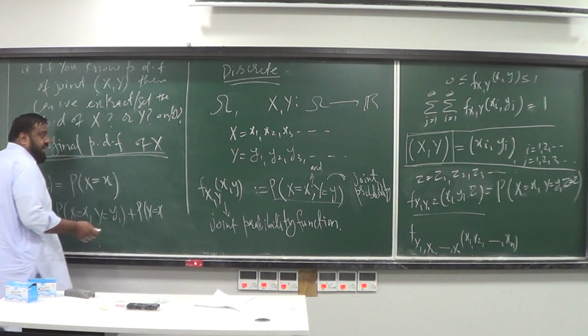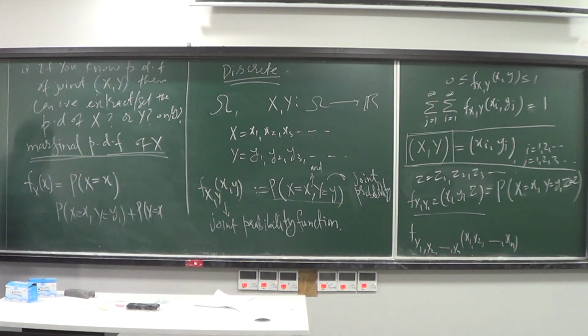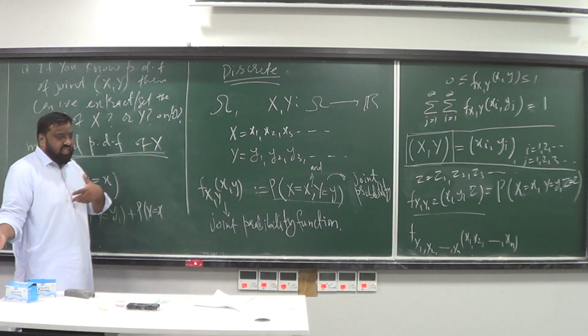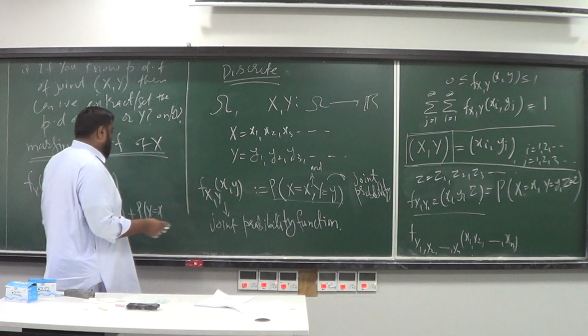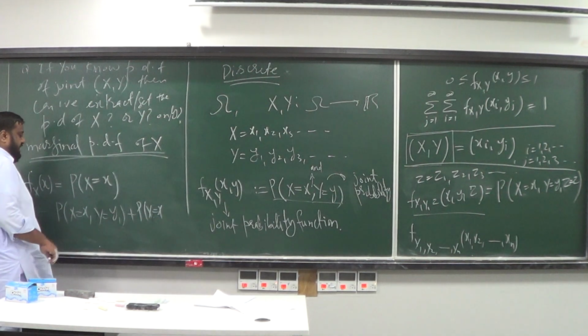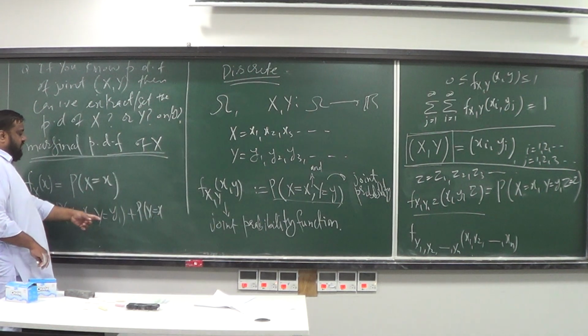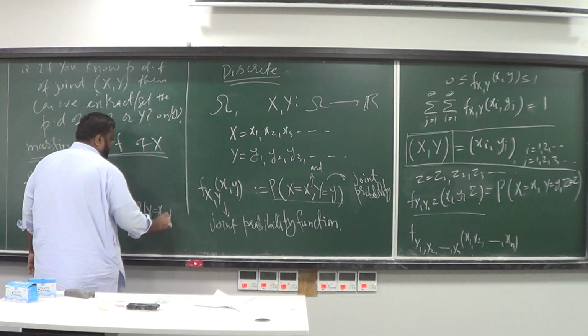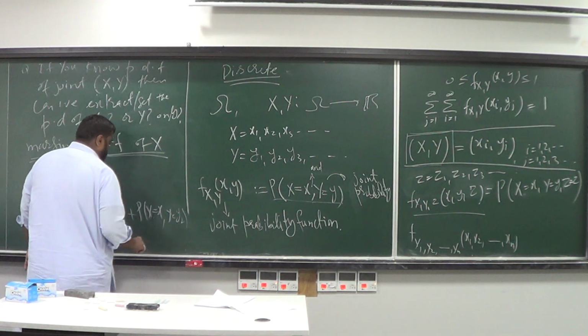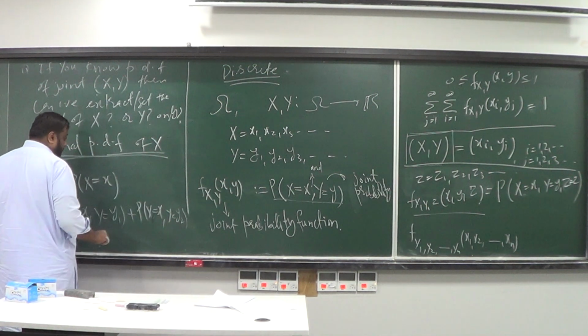Therefore, by the law of probability, where the probability of the union is equal to the sum of probabilities, it's going to be the probability that x equals x and y equals y1, or x equals x and y equals y2, and so on and so forth.